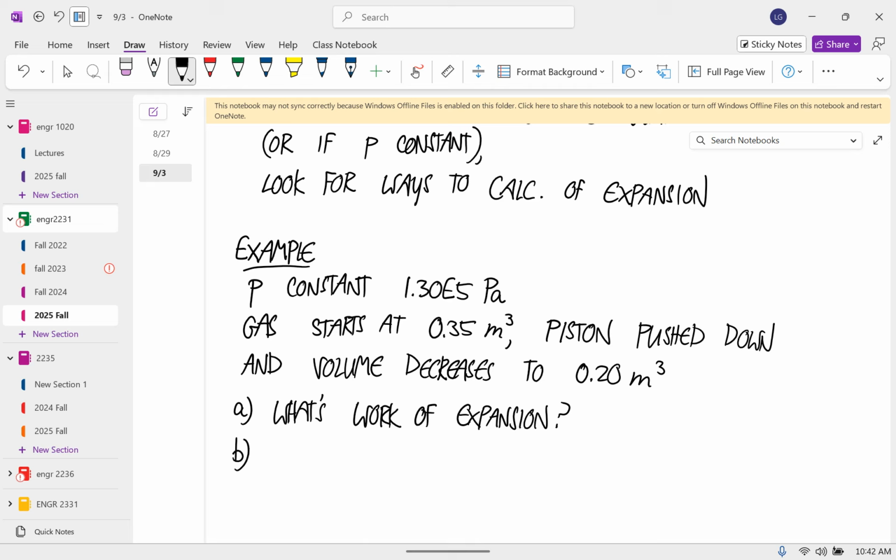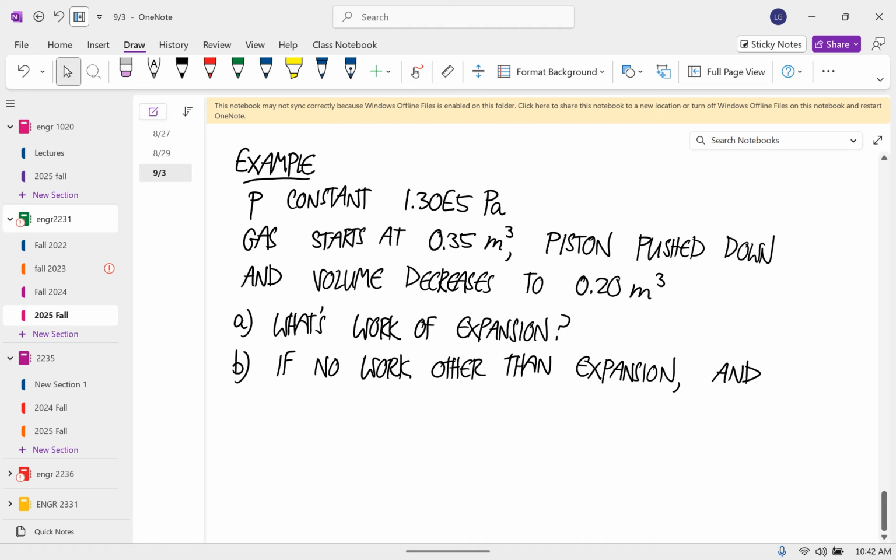And then second, if there's no work other than expansion, and the cylinder is well insulated.